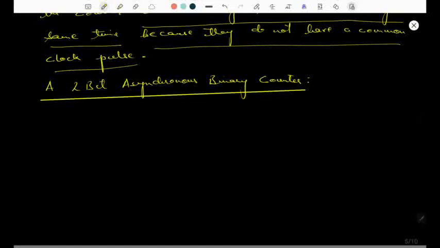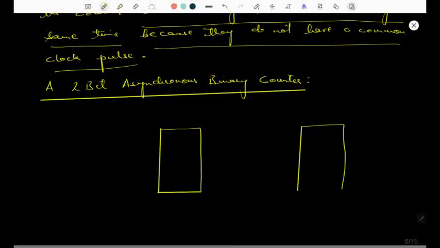Now the 2-bit asynchronous binary counter, we can draw it like this. If it is 2-bit, then there must be 2 flip-flops. So just draw one box for one flip-flop and a second one for the second flip-flop. The external pulse, or the clock pulse, will be given to the first flip-flop.